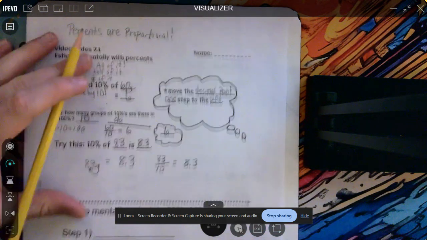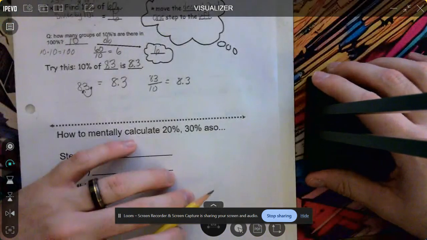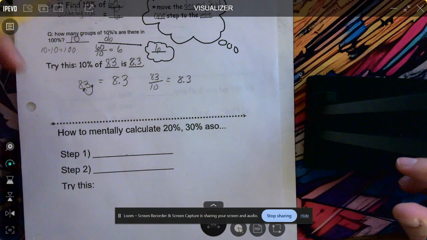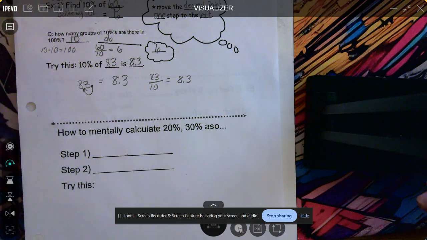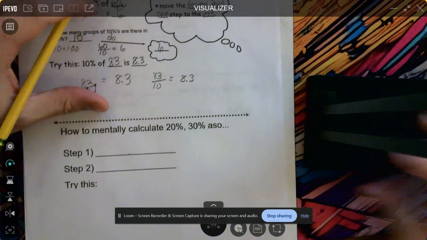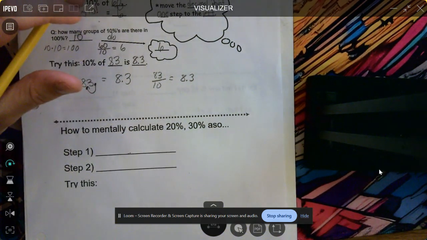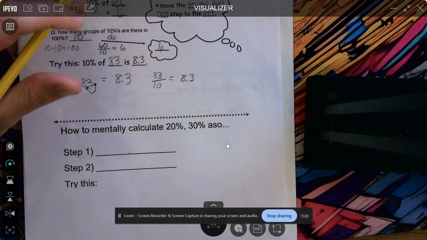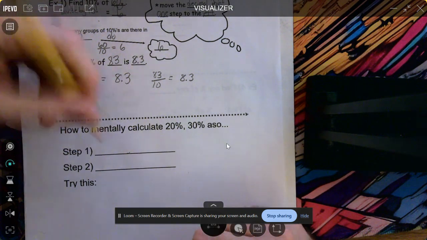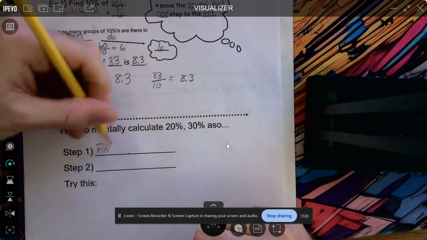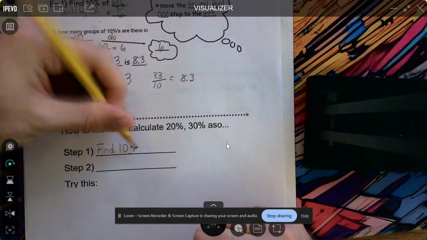Not too bad. But what if we're not finding 10%? What if we're finding 20 or 30 or 40 and so on? Watch this. So our first step is we always want to find 10% of the number.